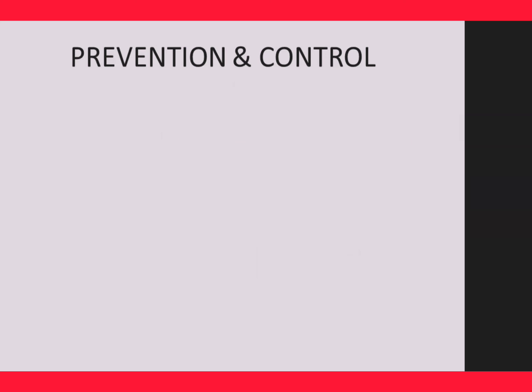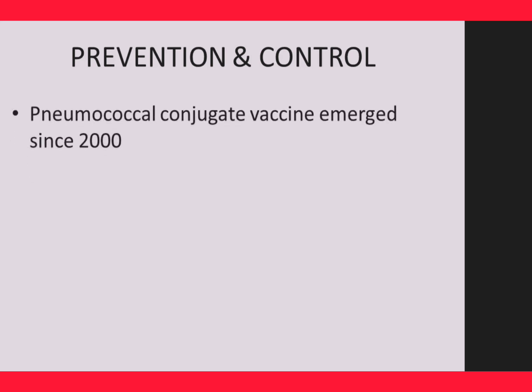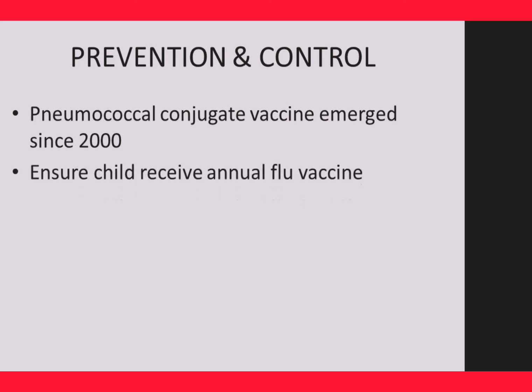And then we go on to finally the prevention and control. How do we prevent it so that our children will not have it? Well, this is the opportunity. Pneumococcal conjugate vaccine has emerged since 2000, so that could also be given. Ensure the child receives the annual flu vaccine.